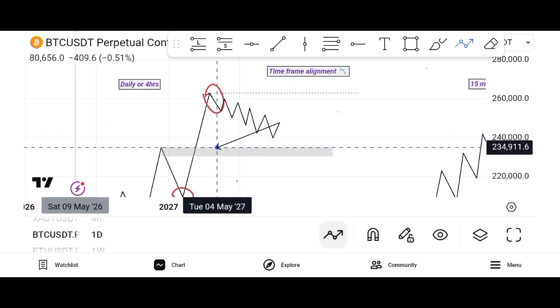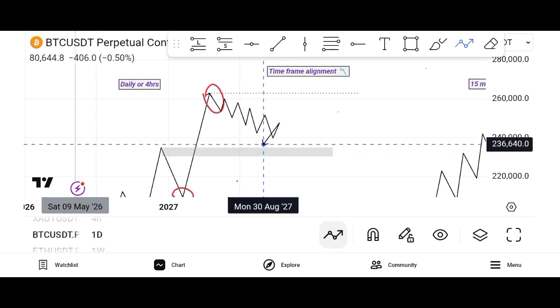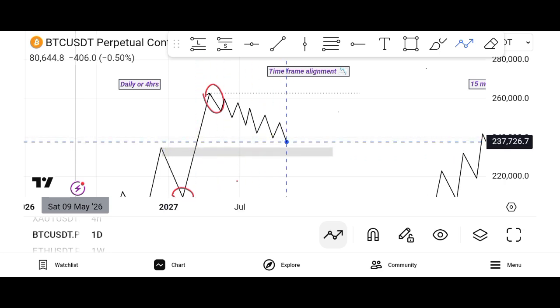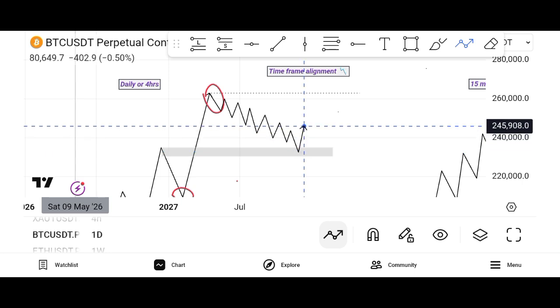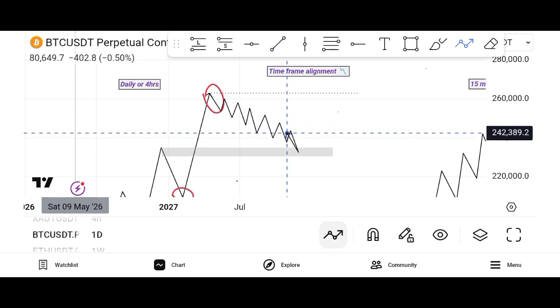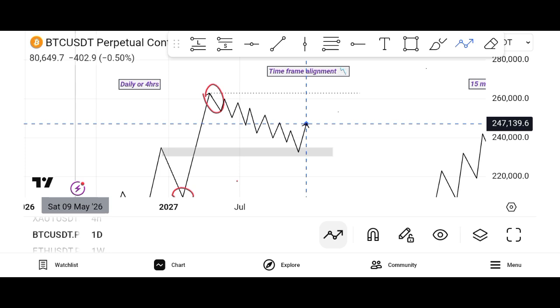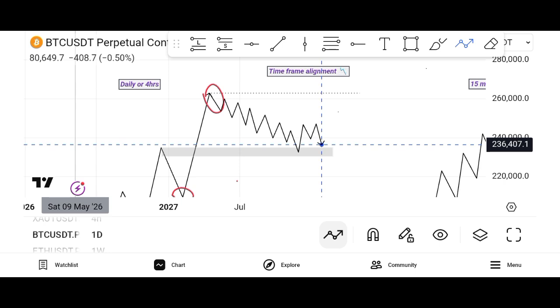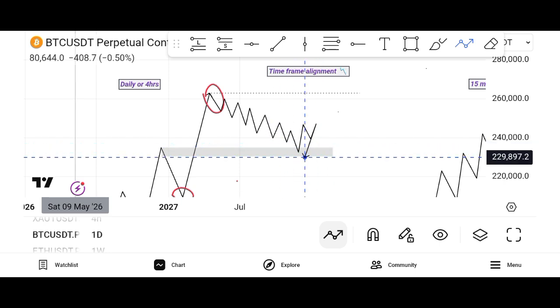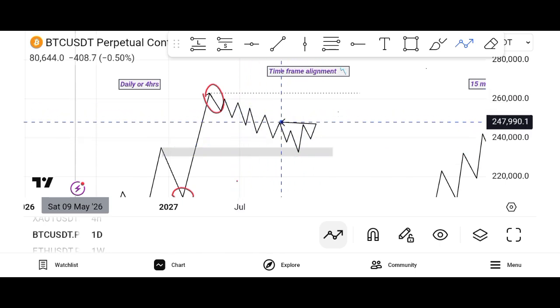Now once it taps the point of interest on the higher time frame, just like this here, and the price starts to react from there, you want to wait for your entry criteria, which is the market structure shift, inducement, point of interest, then you take your trade.